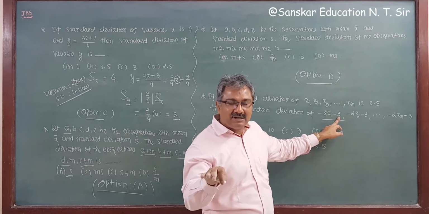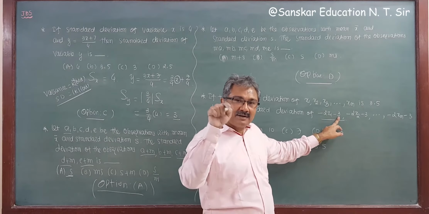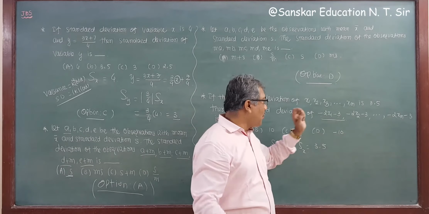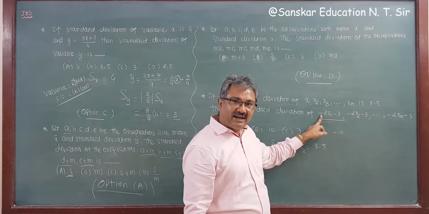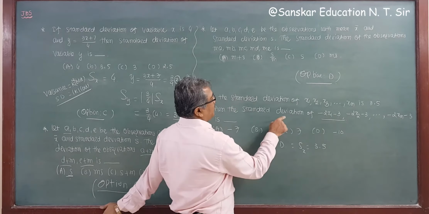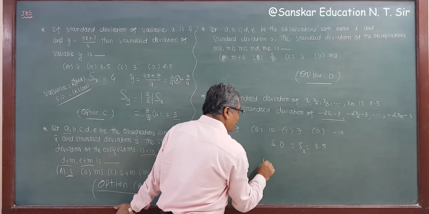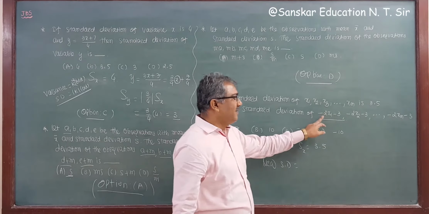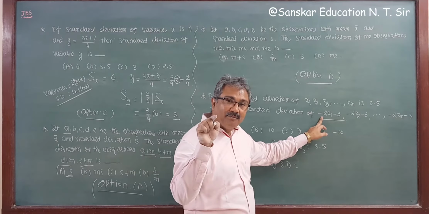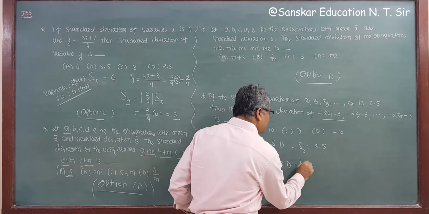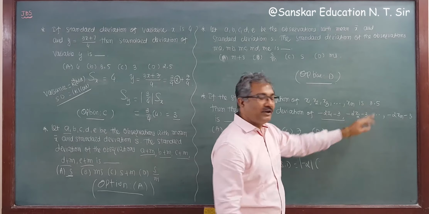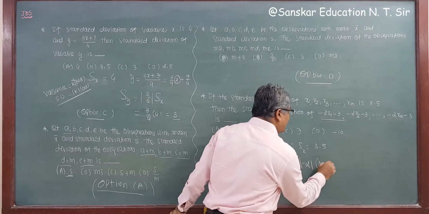Subtracting any number doesn't affect the standard deviation; only multiplication affects the new standard deviation. So the new standard deviation is equal to modulus of -2 into the old, 3.5.